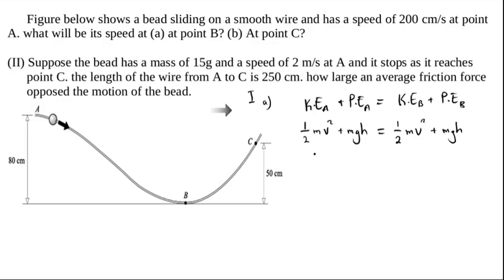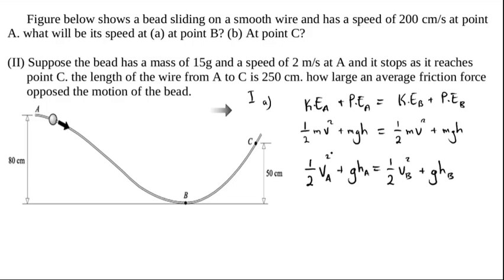So dividing throughout by m, we remain with half v squared plus gh equals half v squared plus gh. This here represents the velocity at A, this here represents the velocity at B, and the same thing for the height at A and the height at B.